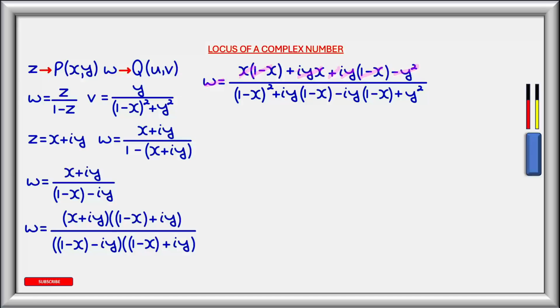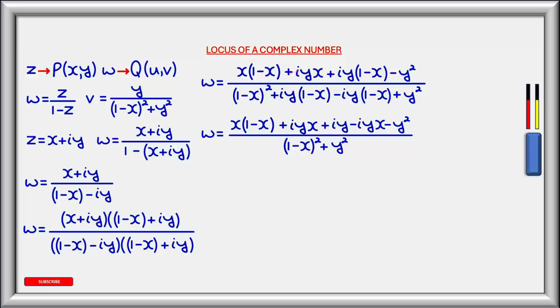And that's all divided by (1 minus x) all squared plus iy into the bracket of 1 minus x minus iy into the bracket of 1 minus x plus y squared. And further simplification gives w equals x into the bracket of 1 minus x plus iyx plus iy minus iyx minus y squared divided by (1 minus x) all squared plus y squared.